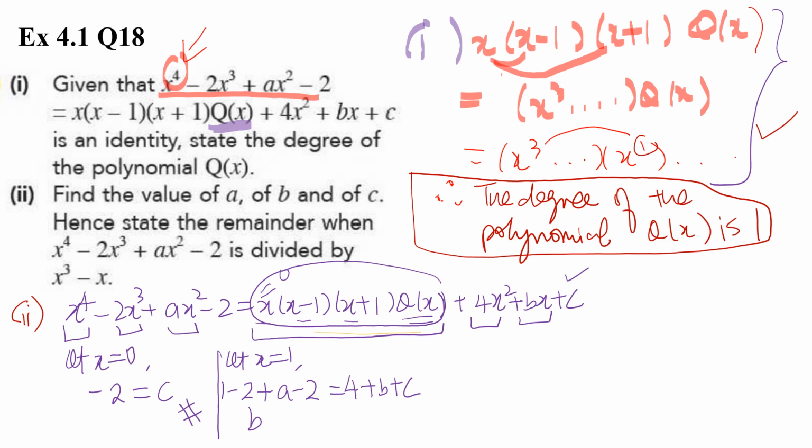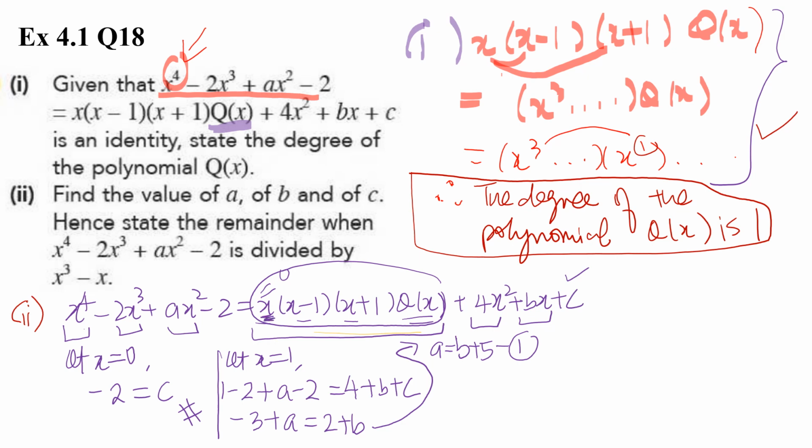Oh, already found c to be negative 2. You can just plug it in. So we would have negative 3 plus a equals 4 minus 2, so 2 plus b. I think I'm going to make a the subject. I would end up getting two equations solved simultaneously, no choice. 2 plus b plus 3, so that will be b plus 5. Call this equation 1.